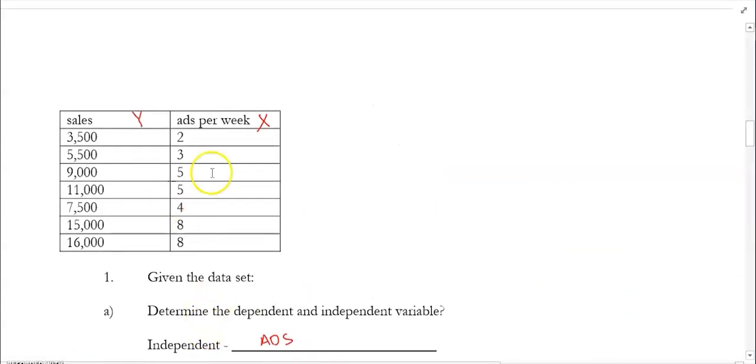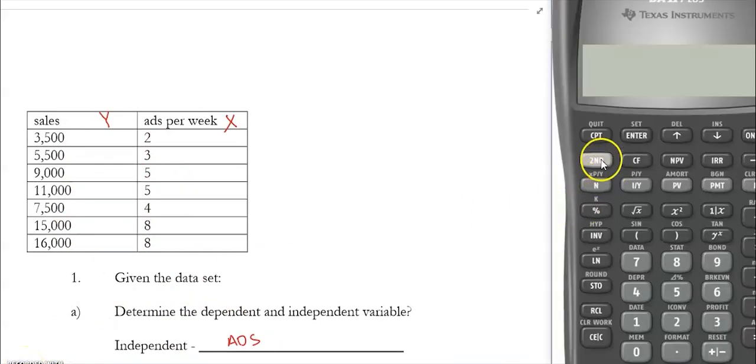So once again, let's go back to our data set and put that into our calculator. So now that I have my calculator out, once again, I go second data, second clear, and I'm going to put my XY pairs in. So 2, enter, scroll, 3,500, enter, scroll. So second data point is 3 ads, enter, scroll down, 5,500, enter, scroll down, and so on and so forth.